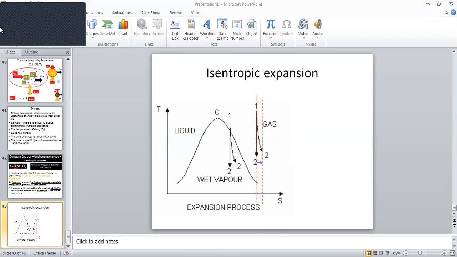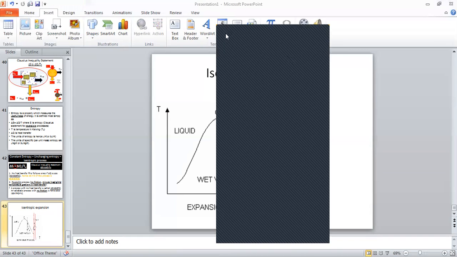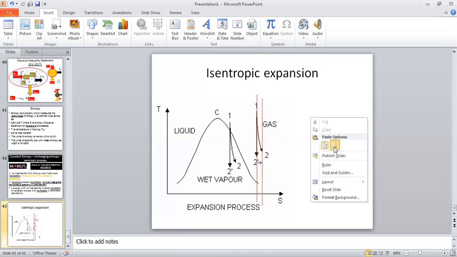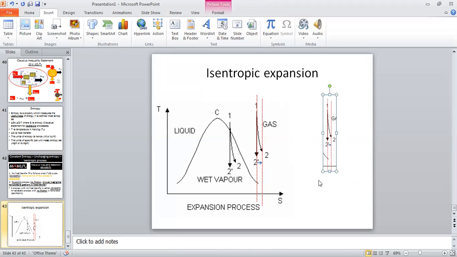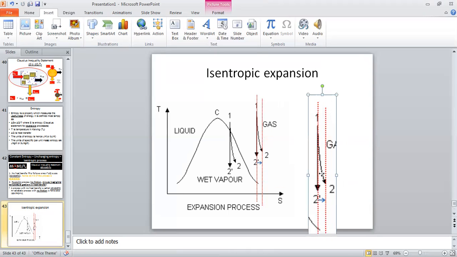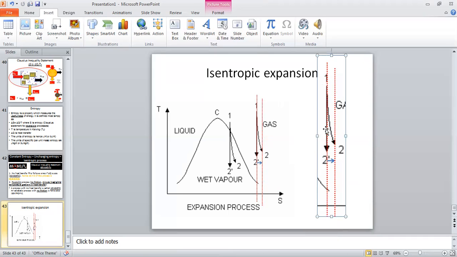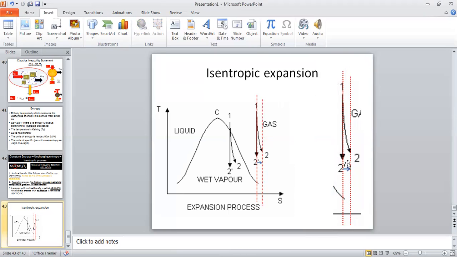So if I take something like this, entropy increase, you can see 2 dashed 2.